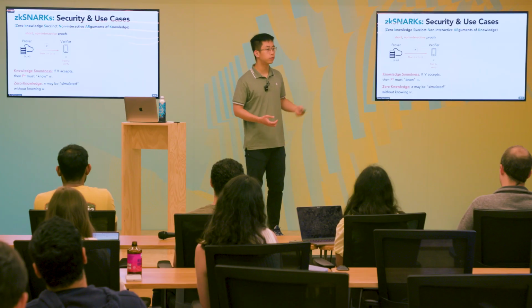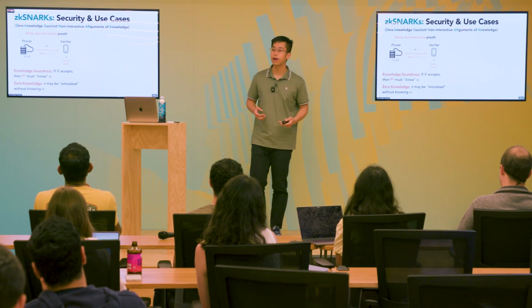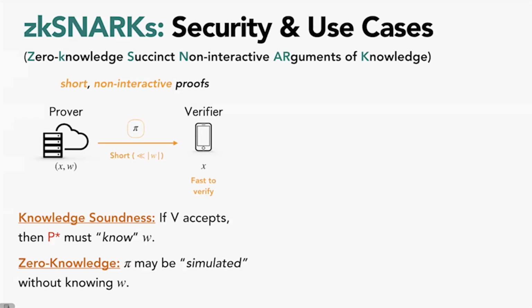In terms of standard security notions for SNARKs, you want two of them, right? The first one is that if the verifier accepts a proof, then the prover must have known some associated witness W to the statement X. And the second property is zero knowledge, which says that the proof itself can be simulated without knowing the witness.